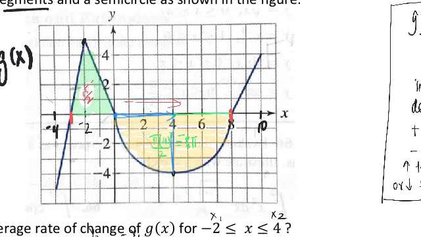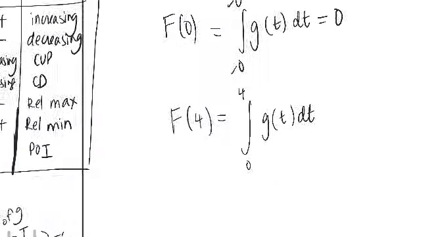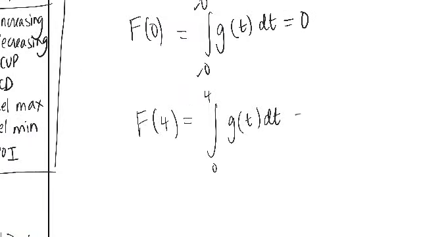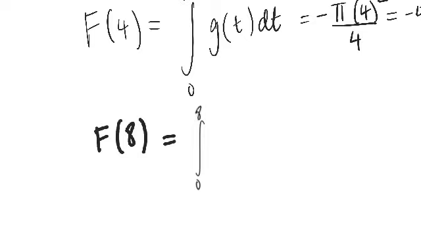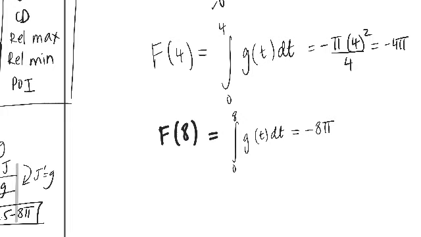So then I will have this half of the half circle, a quarter circle, and it's below the axis, and so it will be equal to, the circle was a radius 4, and I need only a quarter of that, and I'm under the axis, so I'll end up with negative 4 pi for that. F of 8 is, we're going now from 0 to 8 g of t dt. So now I've covered the whole half circle, so the area of that is negative 8 pi.